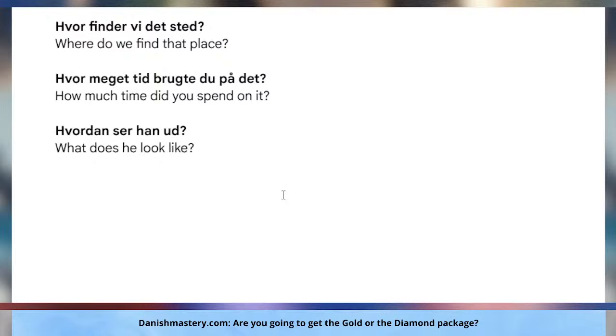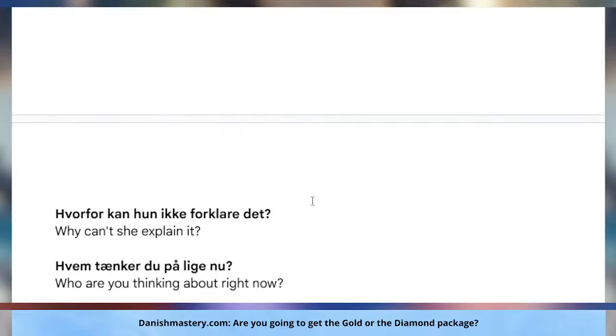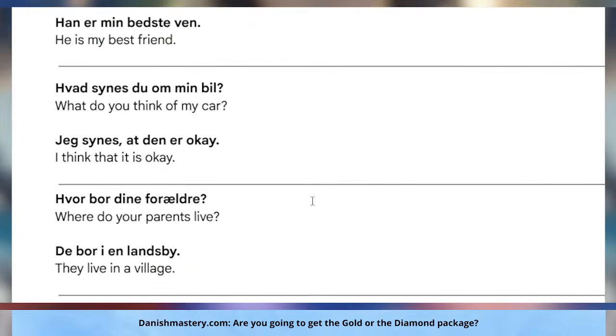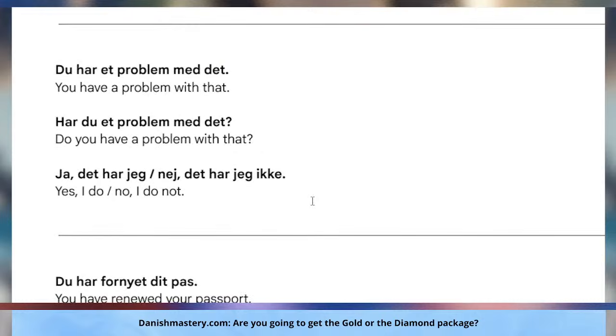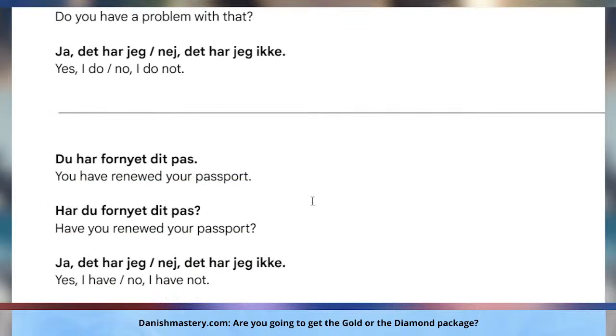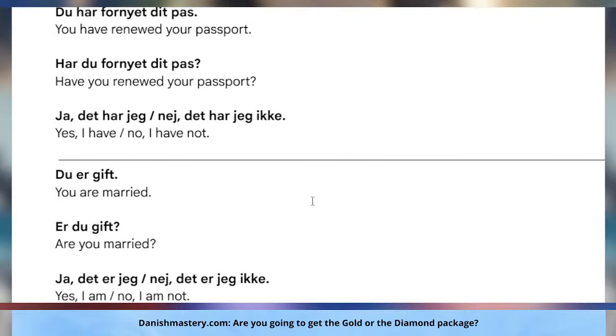So yeah, that was quite a few examples of questions in Danish. Like I said, this was very basic. This is something that you really need to know in the beginning, right? You are building your vocabulary. You are picking up new words every day, hearing phrases, watching videos here and there.